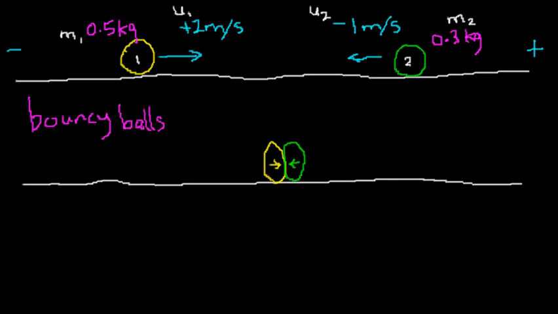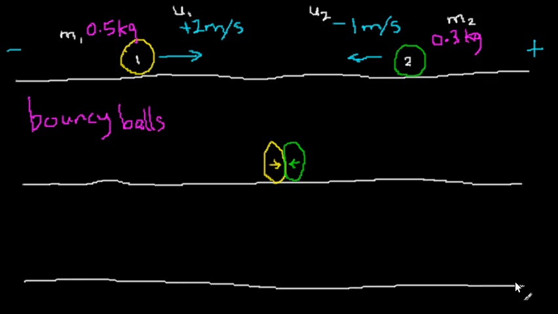Right. What happens then? Okay, bouncy balls collide. Let's describe this situation. At first they are coming to each other, then they collide, and then they bounce off.